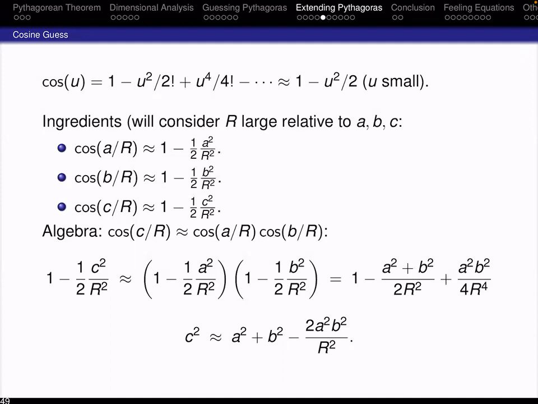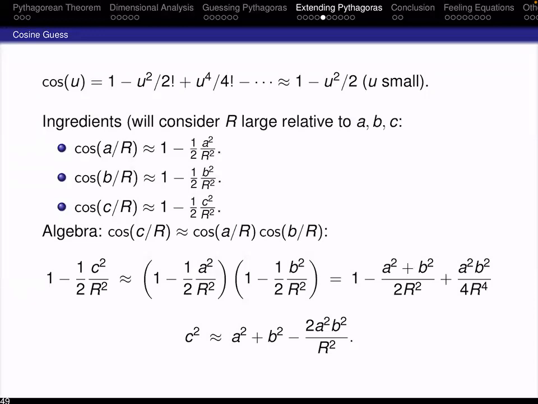Well, remember, we're saying a over r and b over r are small. So the first term is on the order of a over r squared, or b over r squared. The next one is of the form a over r squared times b over r squared. It's going to be much smaller. And because it's supposed to reduce to planar Pythagoras when r goes to infinity, we see that c squared is looking like a squared plus b squared minus 2a squared b squared over r squared.